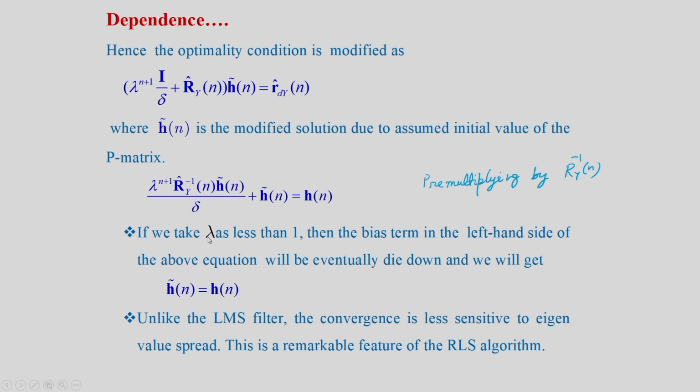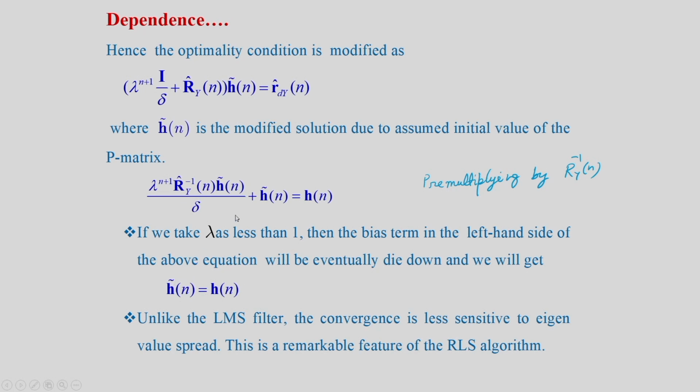Now, if we take lambda less than 1, then the bias term in the left hand side of the above equation will eventually die down. As n tends to infinity, this term will become 0 because lambda to the power n plus 1 will become 0 as n tends to infinity.